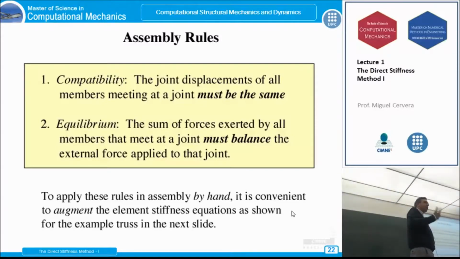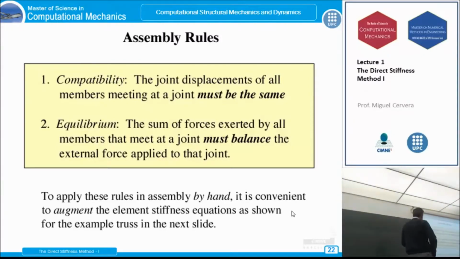Now I'm going to use the rest of the compatibility, and I'm going to say the joint displacements of all the members meeting at a joint are the same. Okay? So if this bar is meeting this bar, the node has the same displacements because of compatibility. Because if not, they would separate. That's compatibility for you.